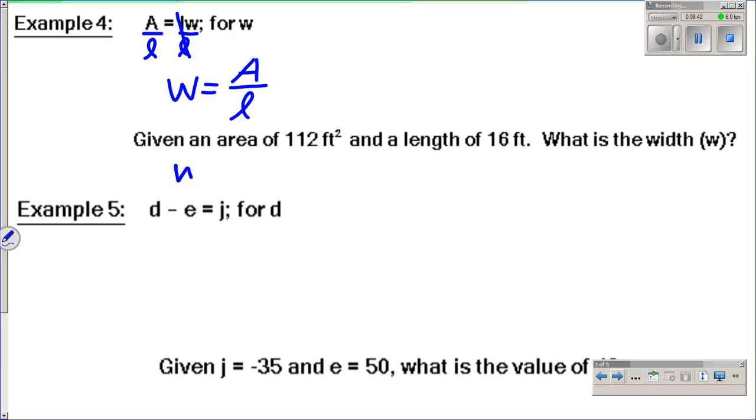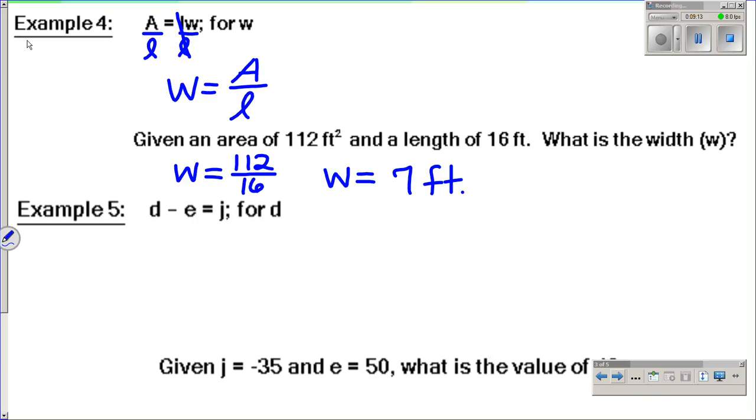So now we can take our width equation and we can substitute in the area, and we know we need to divide the area by the length and then just do the calculation. So the width is going to equal 7. So we're going to get 7 feet for the width, and that is your answer.